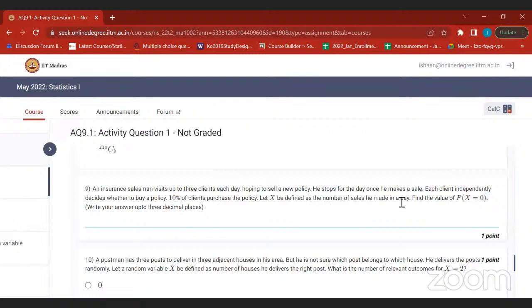So none of the 3 buys the policy means the first client didn't buy, then the second didn't buy, and then the third didn't buy. In general, suppose these are my 3 events: event A is the first client didn't buy, event B is the second client didn't buy, and event C is the third client didn't buy.